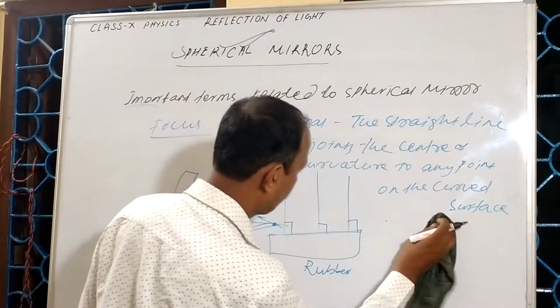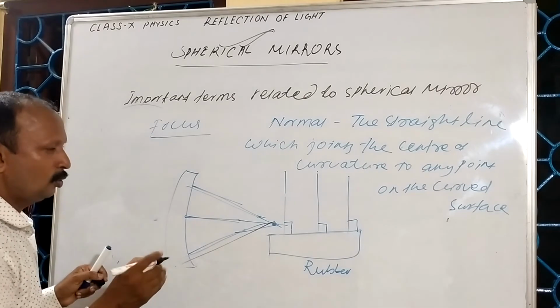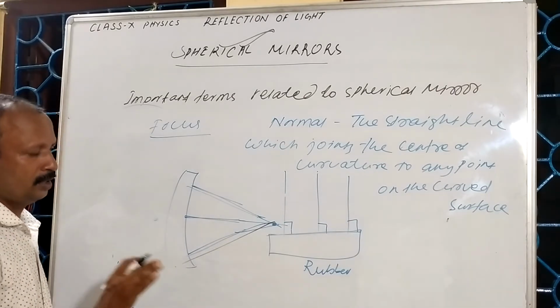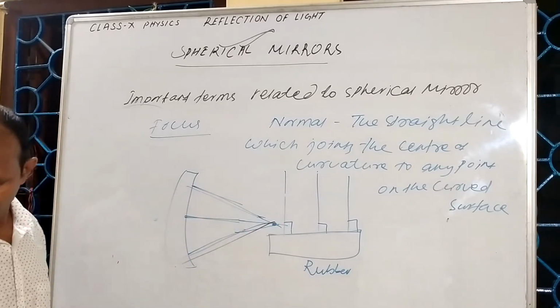That means a line from the center of curvature to any point, whether it is a concave mirror or a convex mirror, does not matter. If we join, that one will represent the normal.